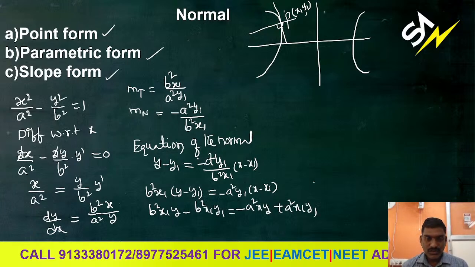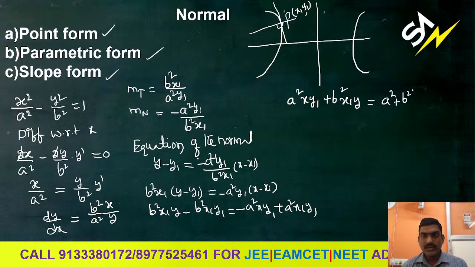If you simplify this, you get a square x y1 plus b square x1 y, which is equal to a square plus b square times x1 y1.